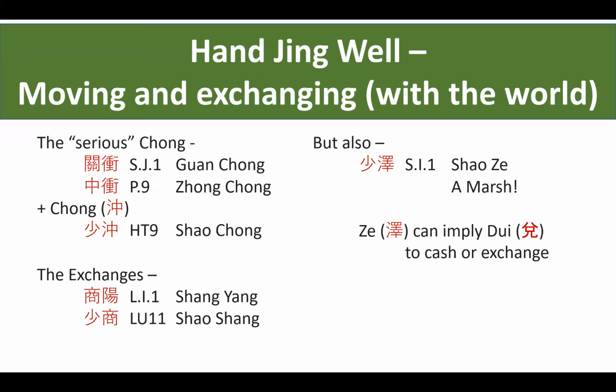And I'll make 2 arguments here. The first is, oh, no, this marsh really means something that's an exchange, because you saw in Bagua, it can mean dwei, to cash something out, just like the merchant. It's an exchange.